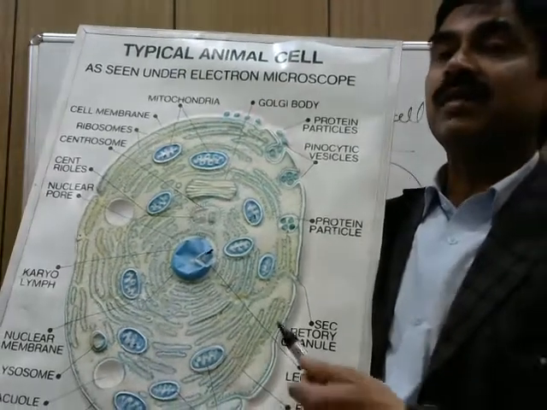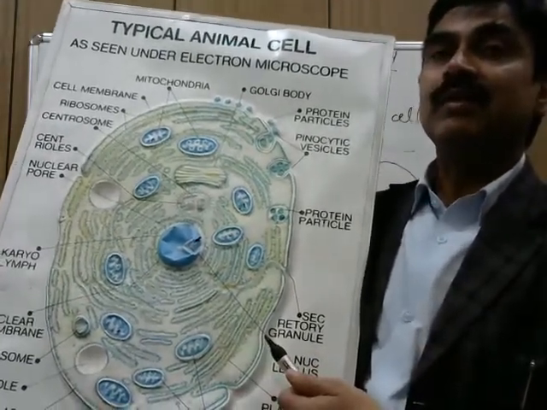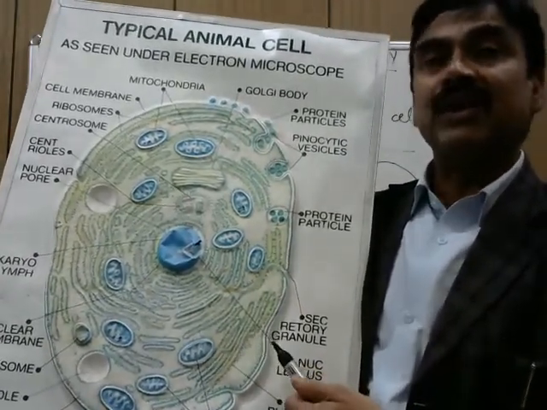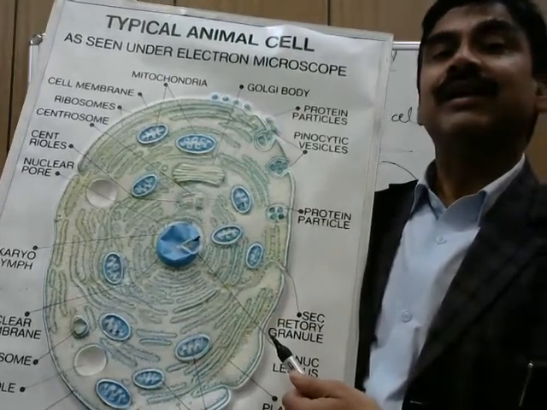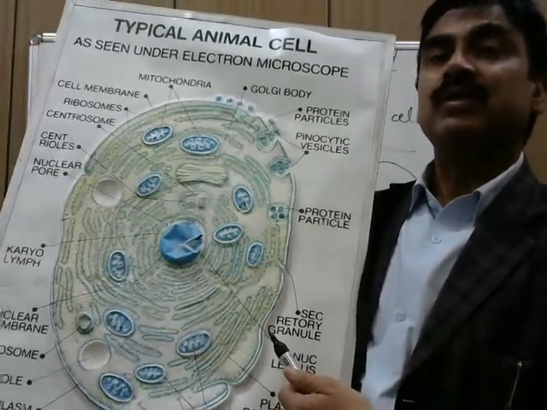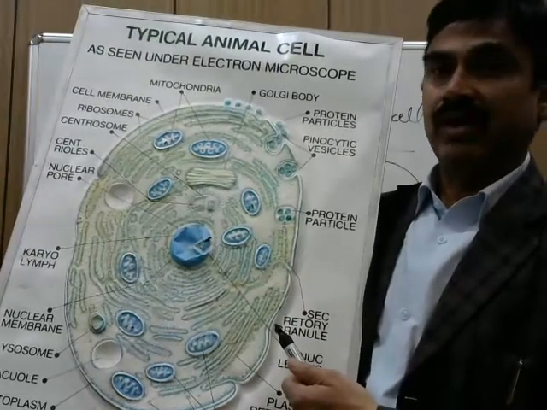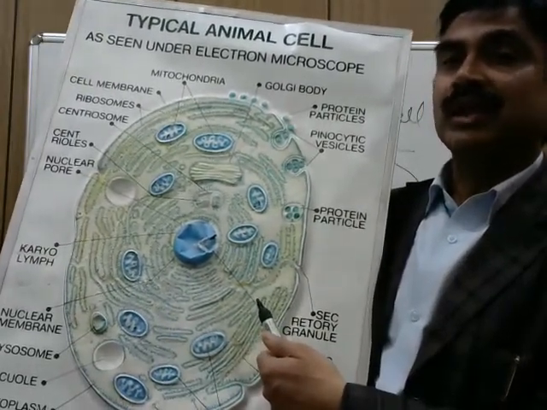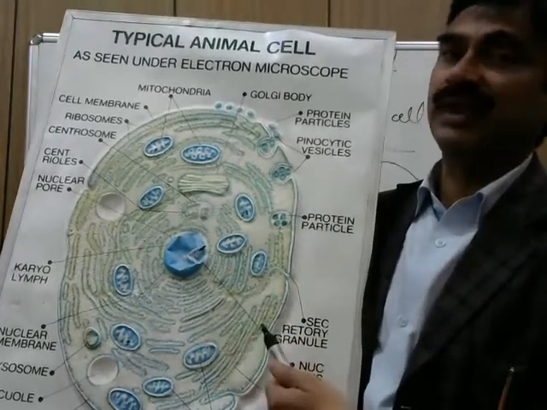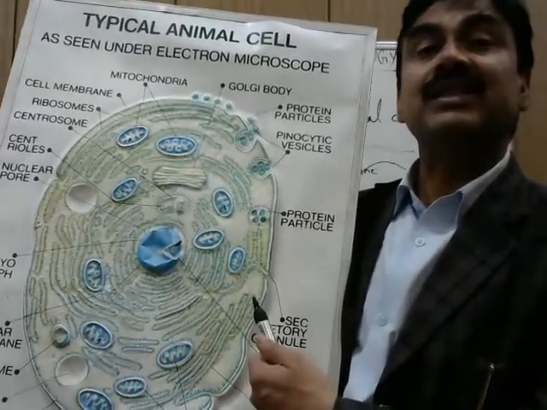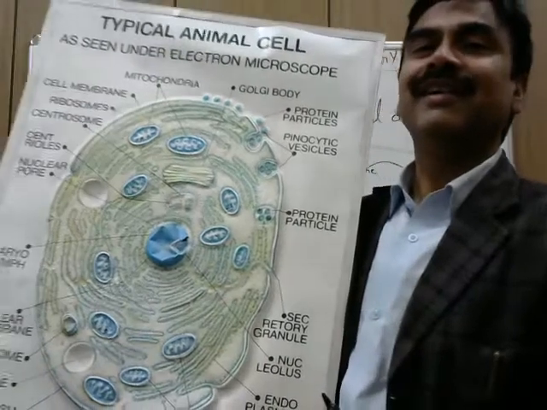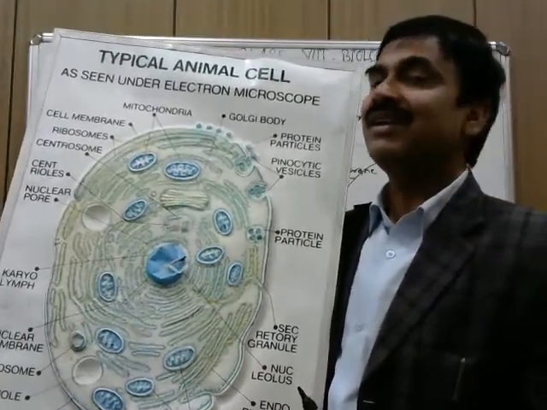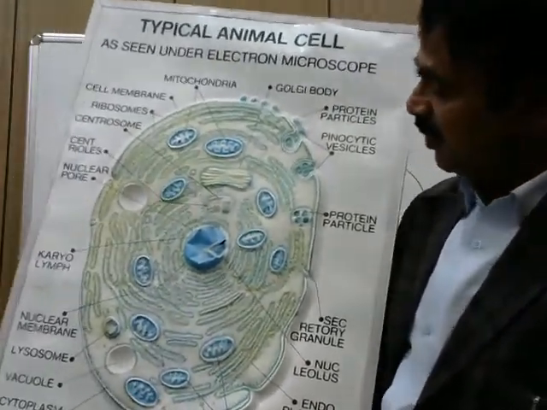So both organelles, the ribosome and the rough endoplasmic reticulum, are responsible for protein synthesis. Fat synthesis is done by smooth endoplasmic reticulum.